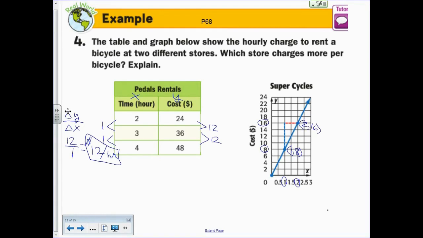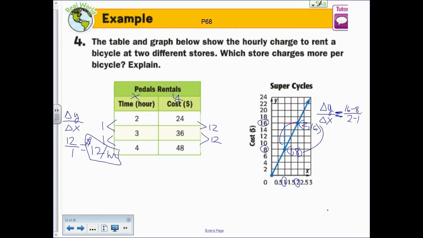When you are finding slope or constant rate of change on a graph, you really only need 2 points as long as the line is straight. So again, we're going to do change in y over change in x, but we are going to use 16 minus 8 for our change in y, and we're going to use 2 minus 1 for our change in x.